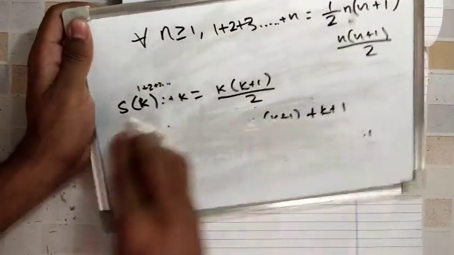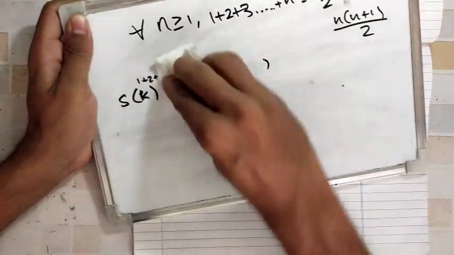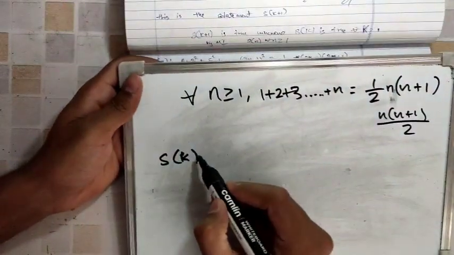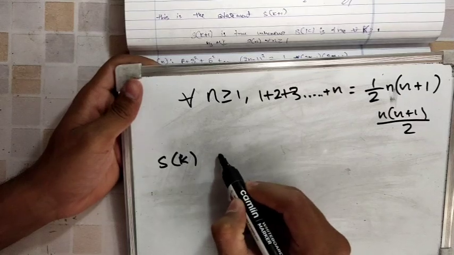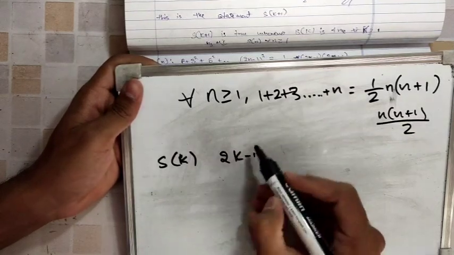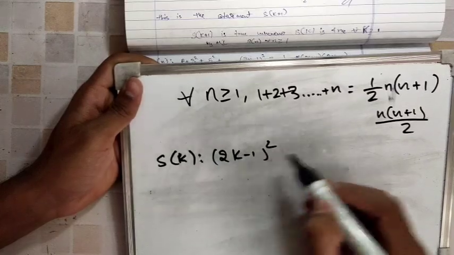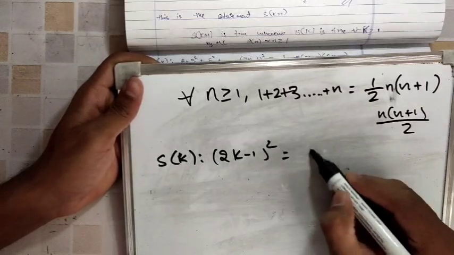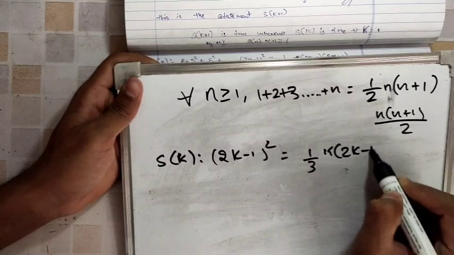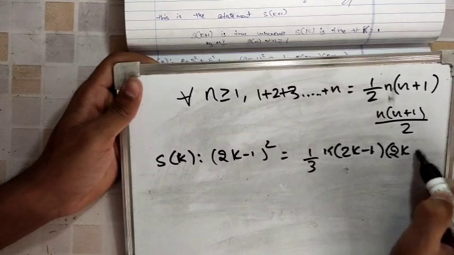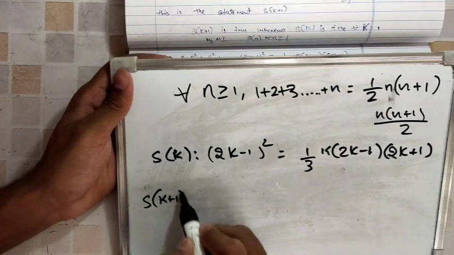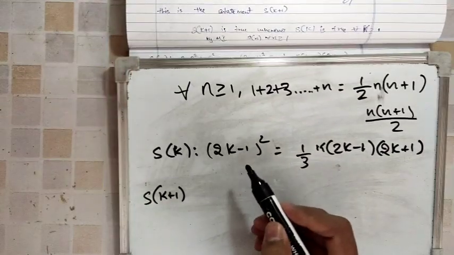So at the end what I have to get is, S of k is equal to this, 1 by 3 into k into 2k minus 1, 2k plus 1. So I have to get in such a way that k plus 1 should come, and I have to just put k plus 1 in this place.